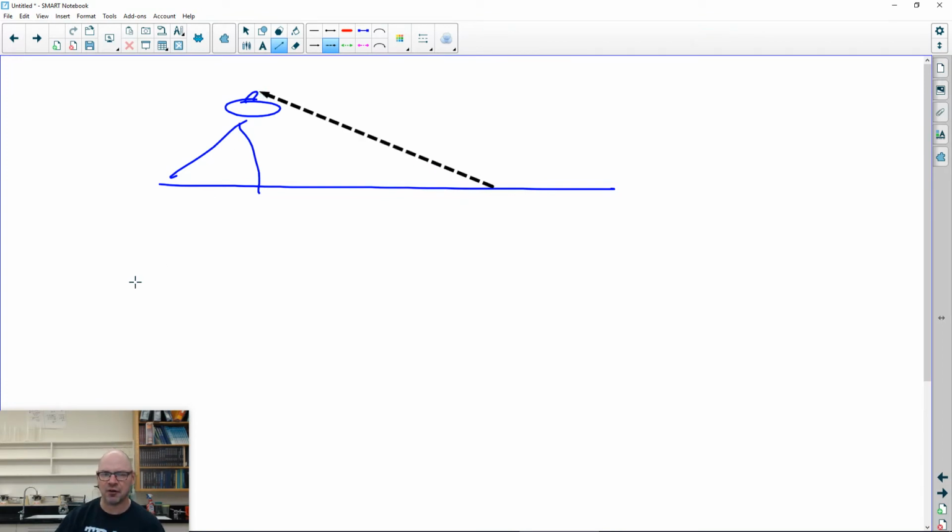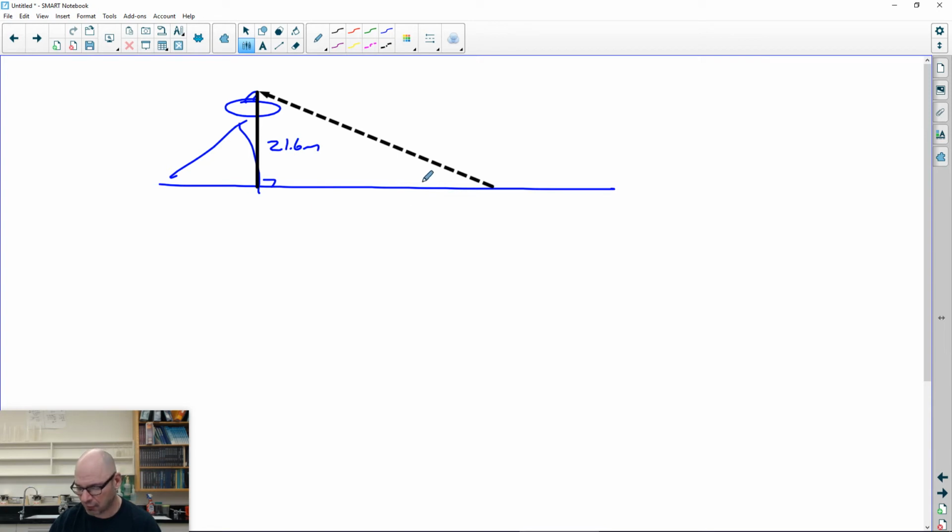And what they're telling you is that there's a 90-degree angle here. So if we were to assume that the tower was a perfect straight tower like that at 90 degrees, okay, we know that the height of this tower is given to you at 21.6 meters.